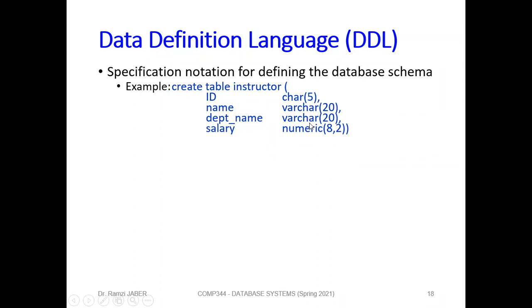What is the difference between char and varchar? We'll talk about it in the lab, but here, with char, for each ID the database will reserve a fixed length of 5. Whereas varchar is variable length, with a maximum of 20. If the name has 5 characters, only 5 will be reserved, but the maximum will be 20.